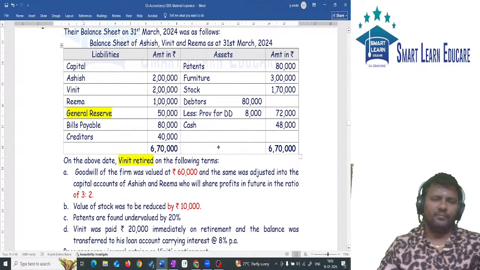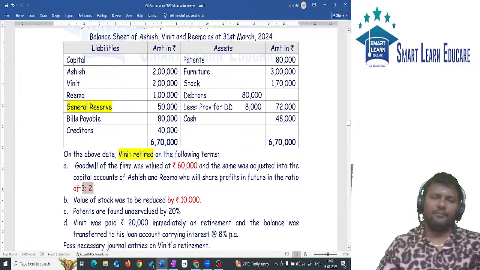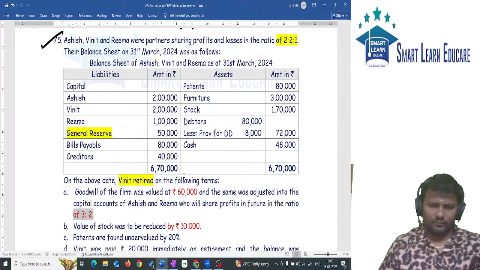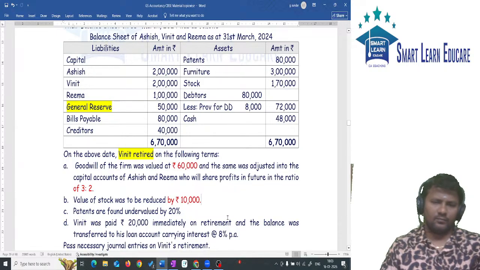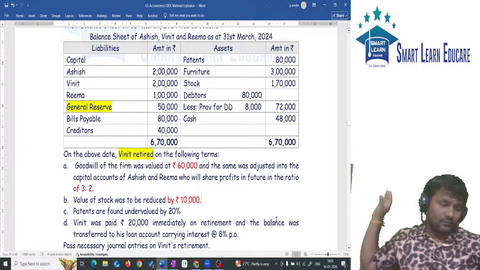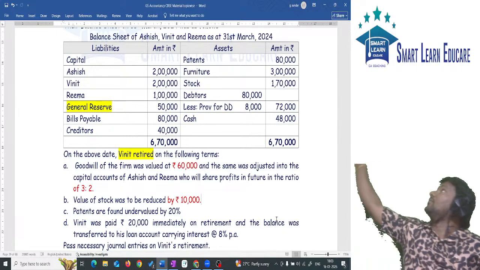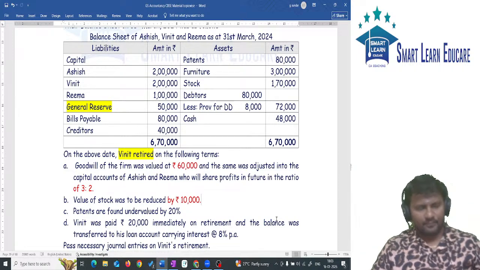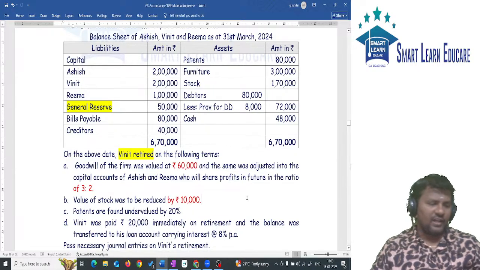Old ratio 2:2:1. Reserve is there. New ratio given. Try this question.